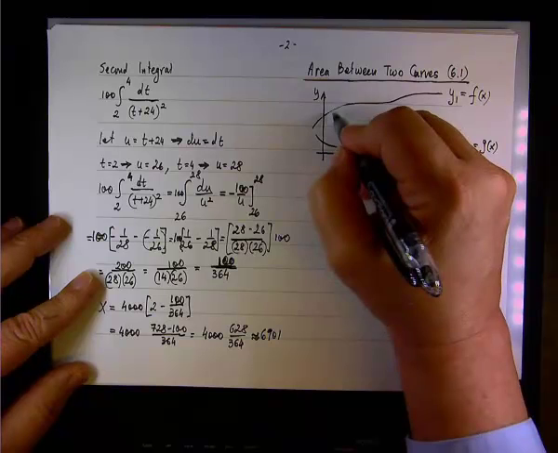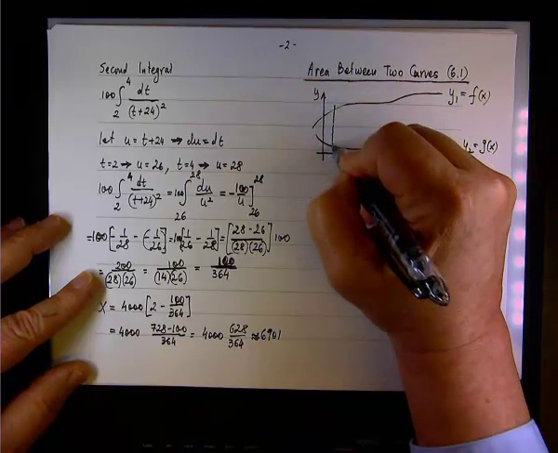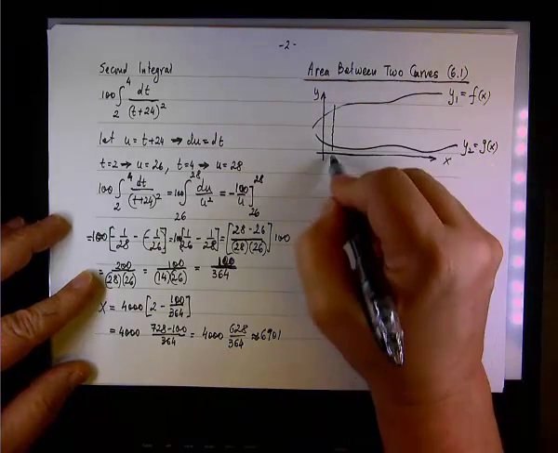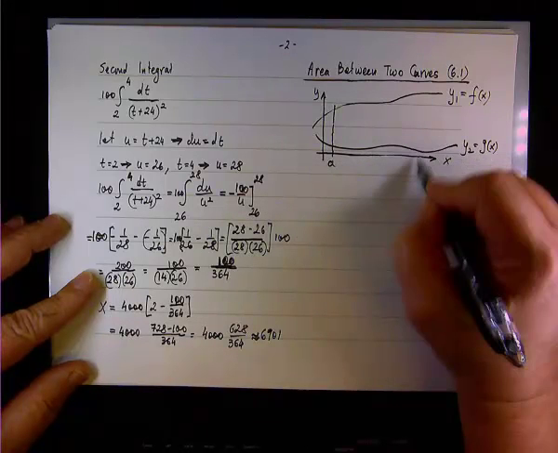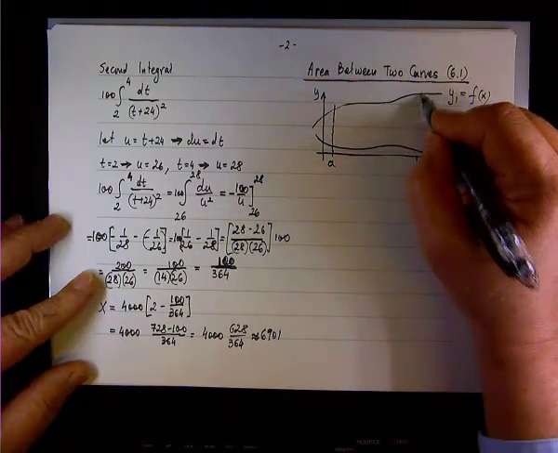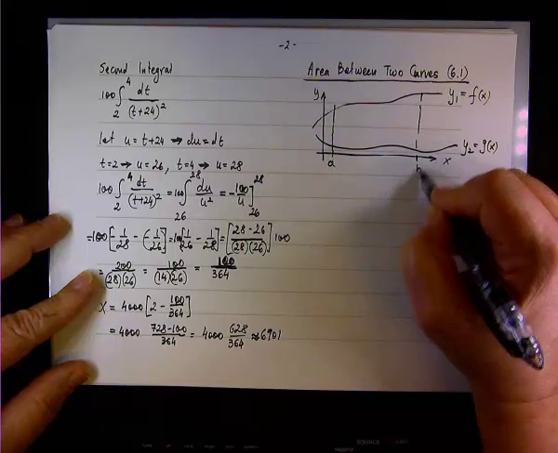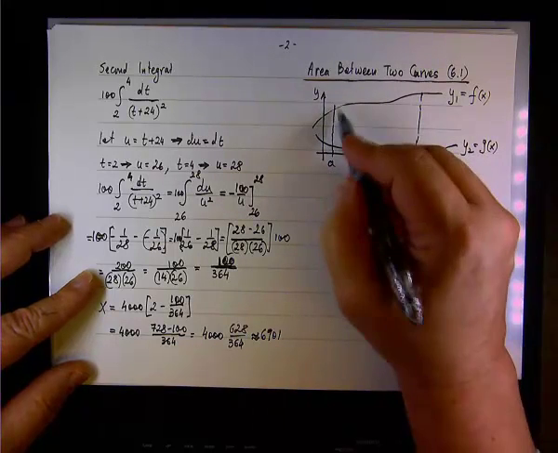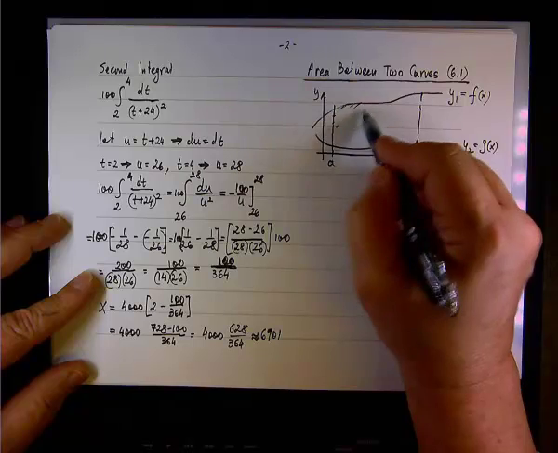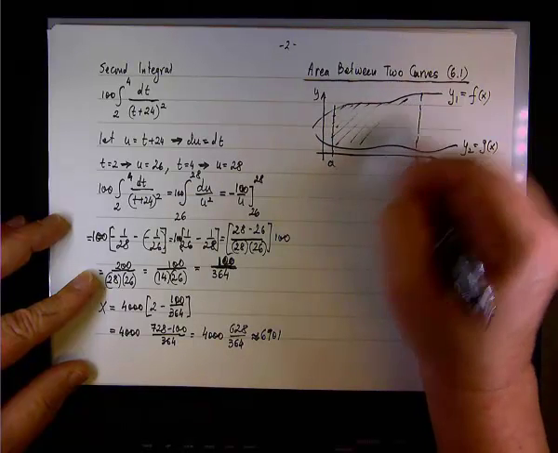And we want to evaluate the area captured between the two curves from x equal a to x equals b, like so. So this is the area that we are interested in calculating.